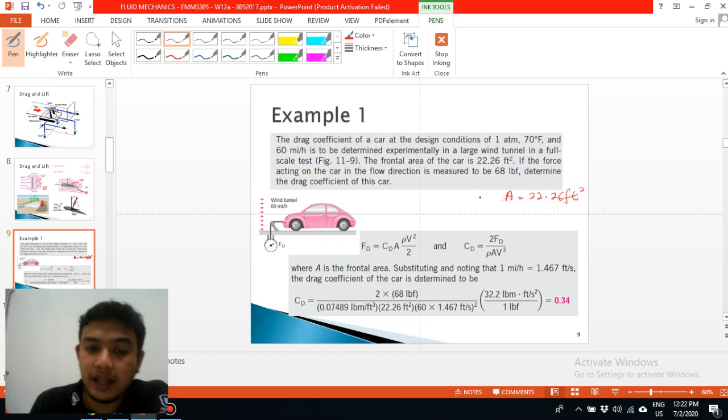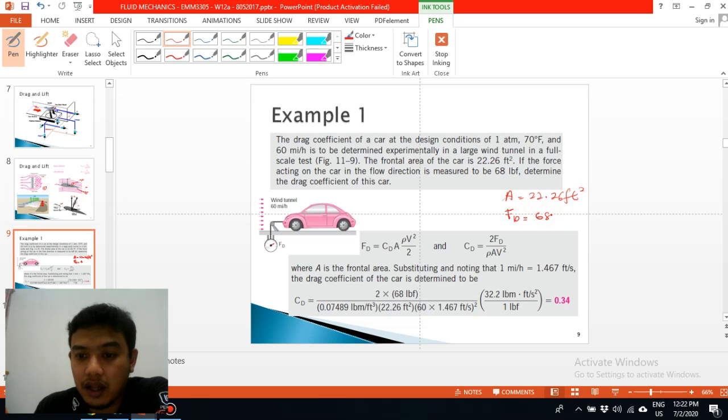If the force acting on the car in the flow direction is measured as 68 lbf, meaning the drag force F_D is 68 lbf, determine the drag coefficient. So the question asks us to find the drag coefficient, C_D.